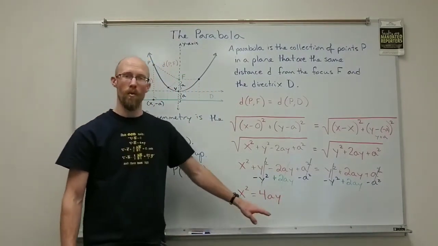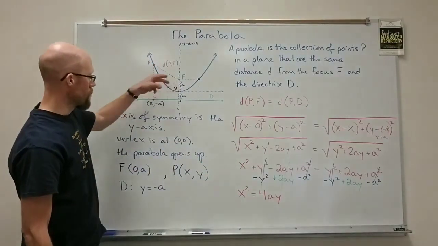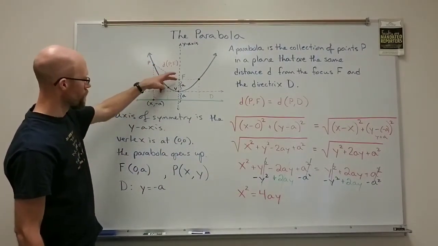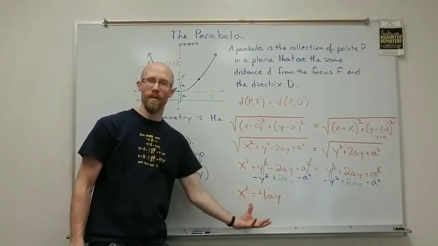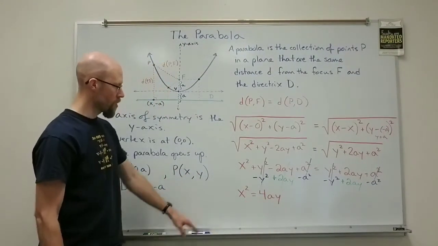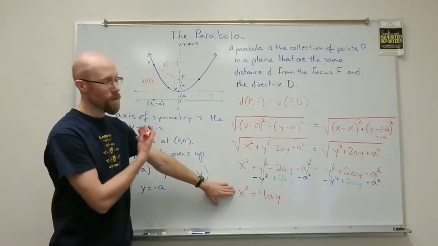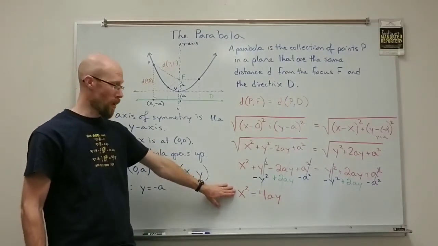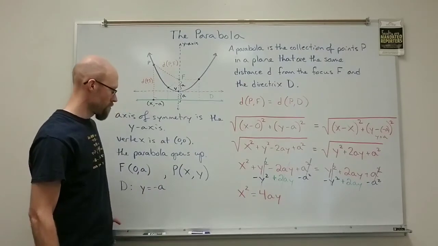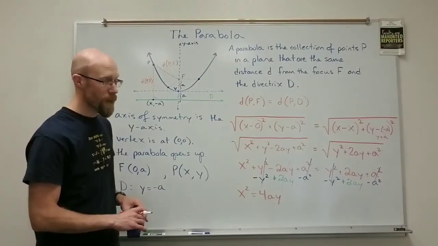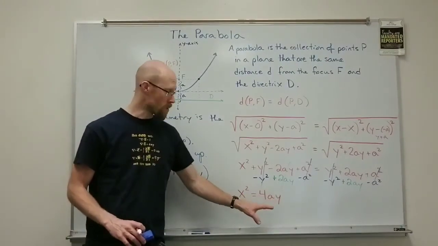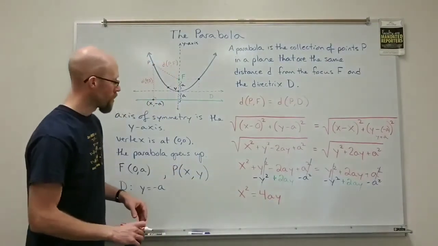So now whatever the distance a is between the vertex and the focus, I plug that distance in here, and I'll have an equation that represents that particular parabola. That's kind of neat. And so that'll give us a nice equation that we can use.